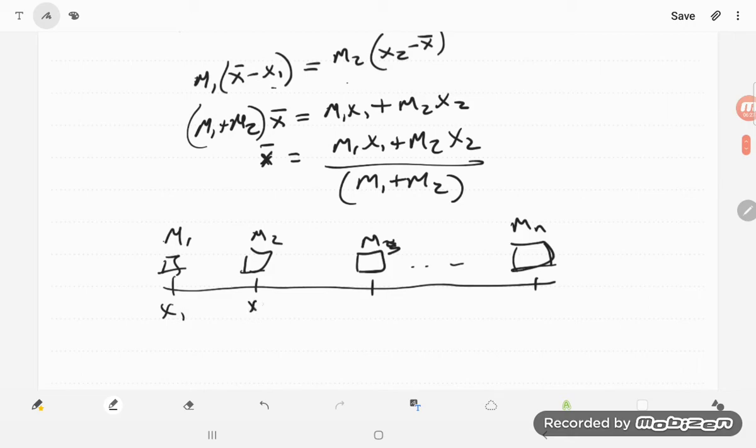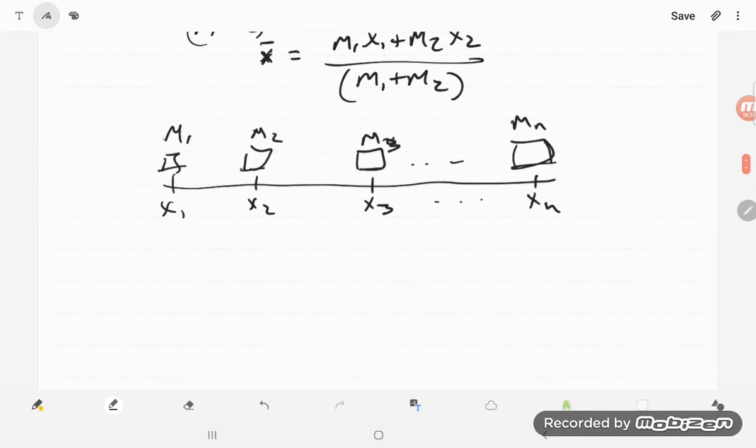So here's x1, x2, x3, out to some xn. As we try to find that balance point, it would actually work the same way. We would need, from wherever that balance point is, here, say, x bar, we would need all of the moments along here to balance out with all of the moments here.